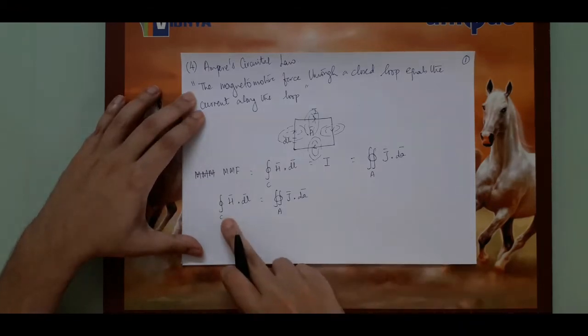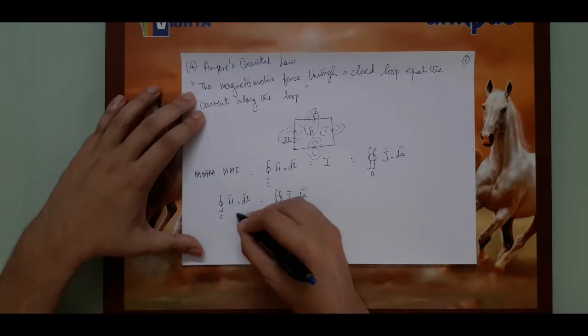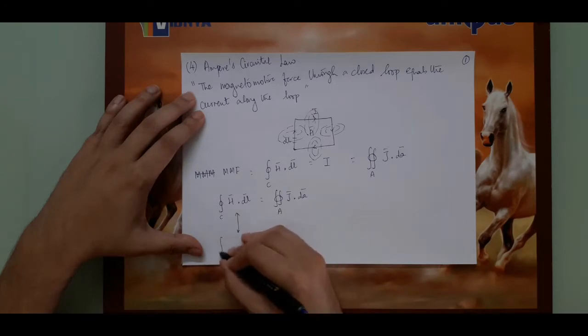So now you can see again, similar to what we saw for Faraday's law, we are correlating a single length integral with an area integral. So therefore I can use the Stokes theorem. I can convert this into an area integral by using the curl.